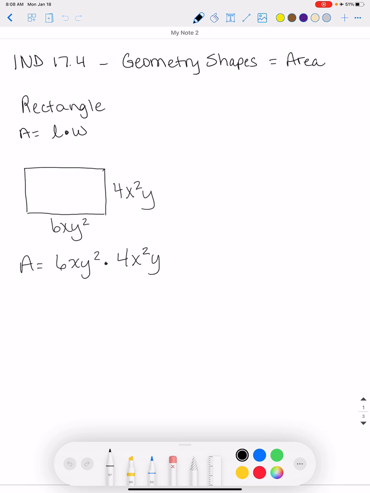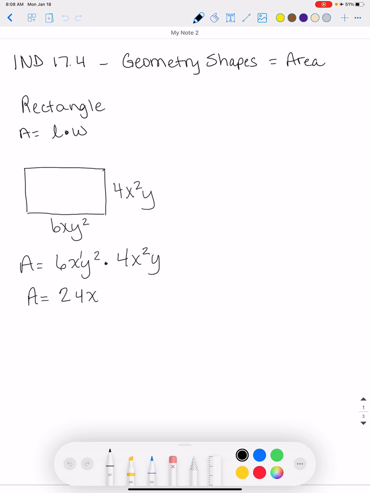Well, now you did this last week. So to multiply monomials, remember step 1 is to start with the numbers. So 6 times 4 is just 24. And then the next step, if you look at last week's notes, was to go each variable one at a time in alphabetical order. So we're going to look at the x's first. So you've got x, so you keep your base, right? And then this exponent is really a 1. And when you're multiplying like bases, you add the exponents.